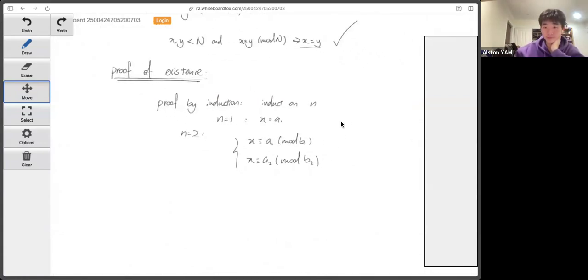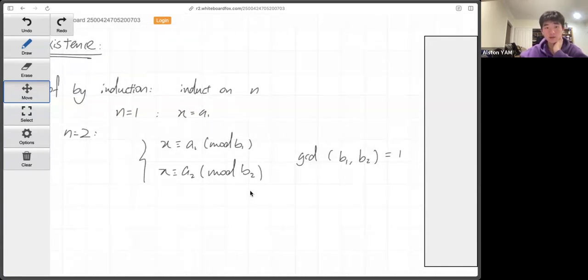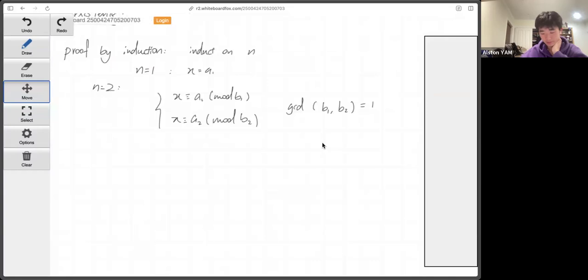We have this bit of information I'm going to use, and also GCD of b1 and b2 equal to 1. That is another one of our conditions.